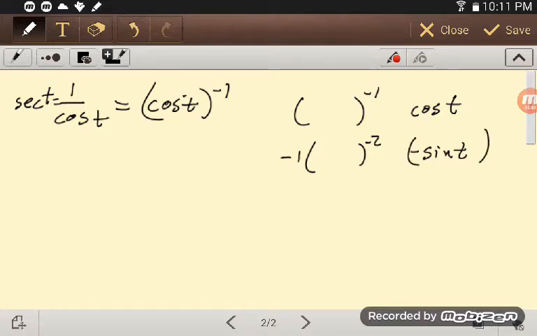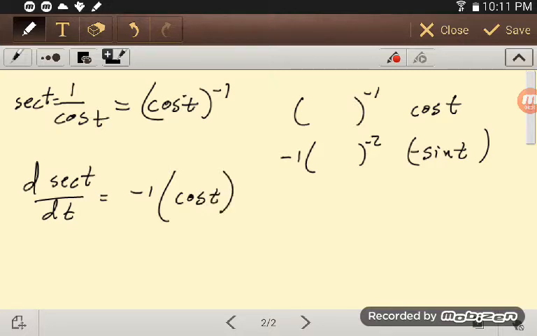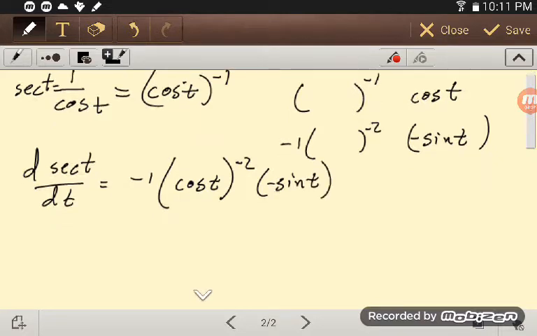And so when I take that derivative of secant t with respect to t, I get that minus 1 times cosine of t to the minus 2, and then all times minus sine of t.